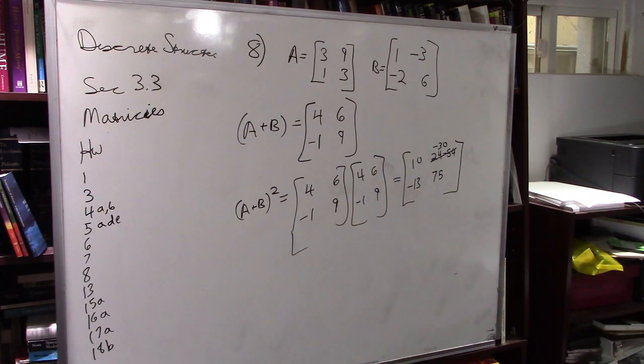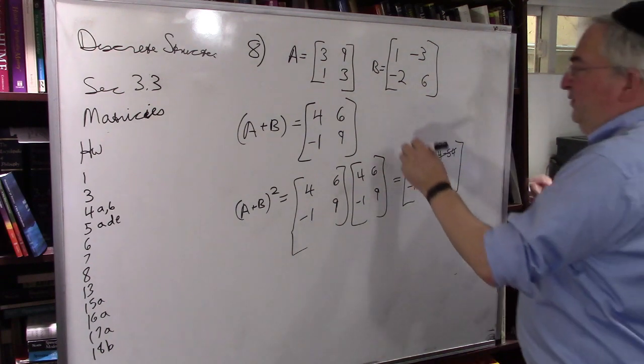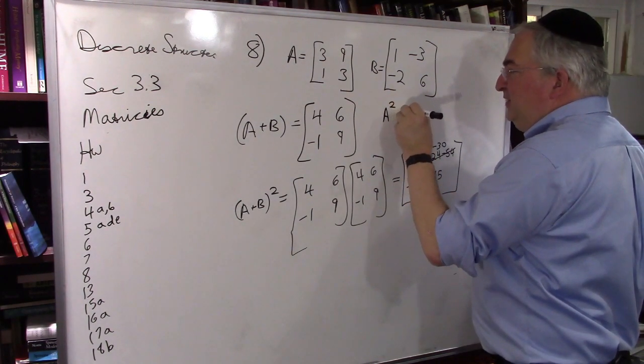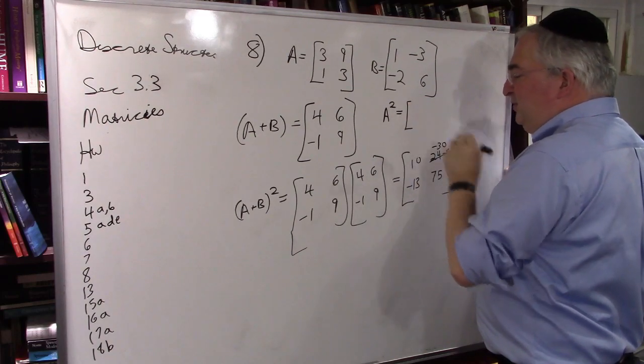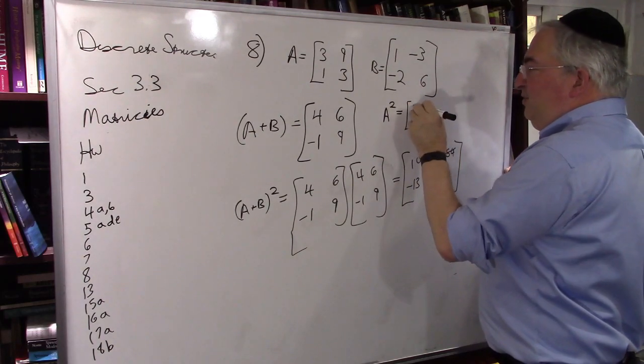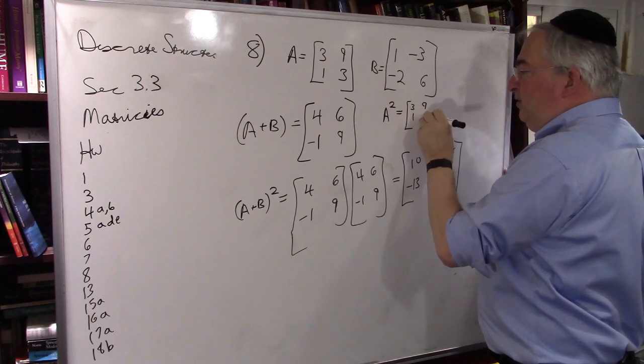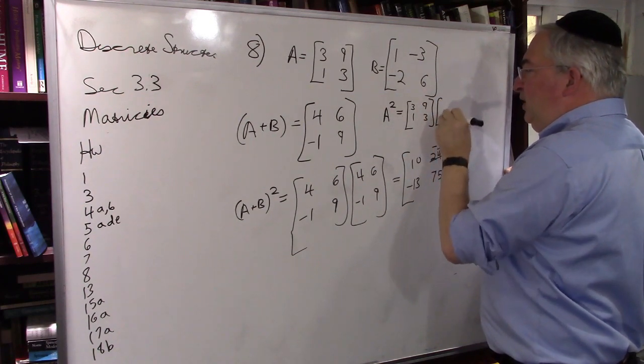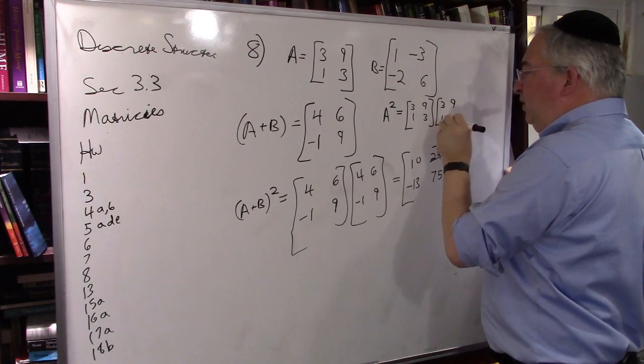Okay, good. Now, let's do A squared. We did it already in last homework, but I erased it, so we have to do A squared. So A squared is 3, 1, 9, 3 times 3, 9, 1, 3.